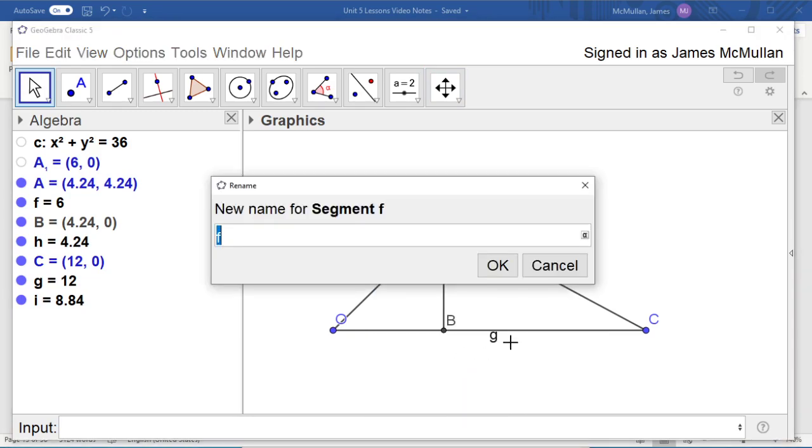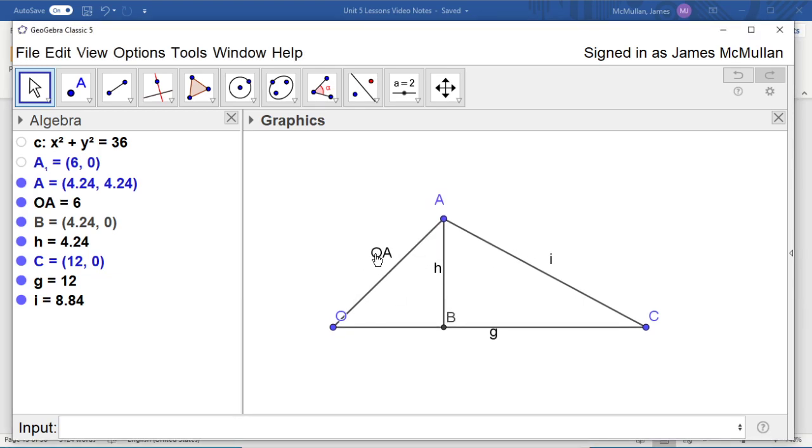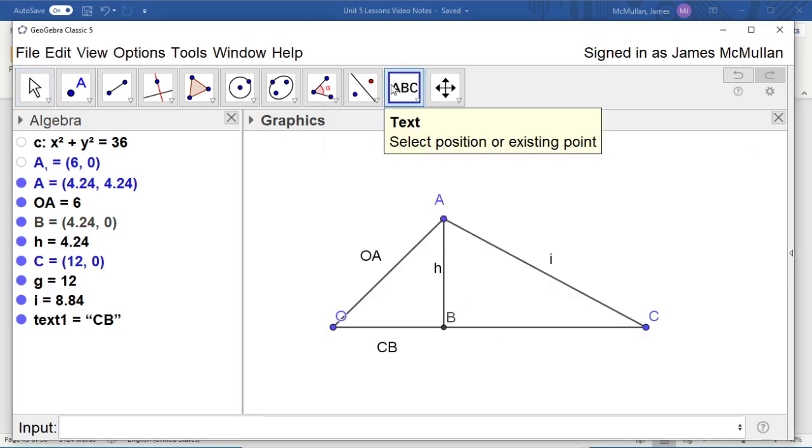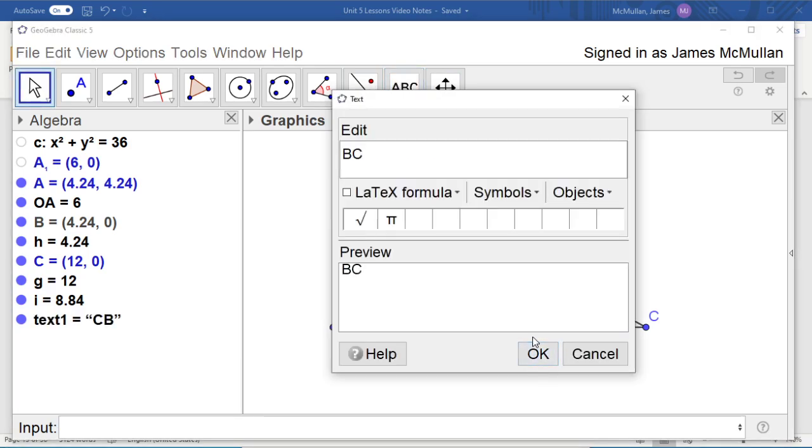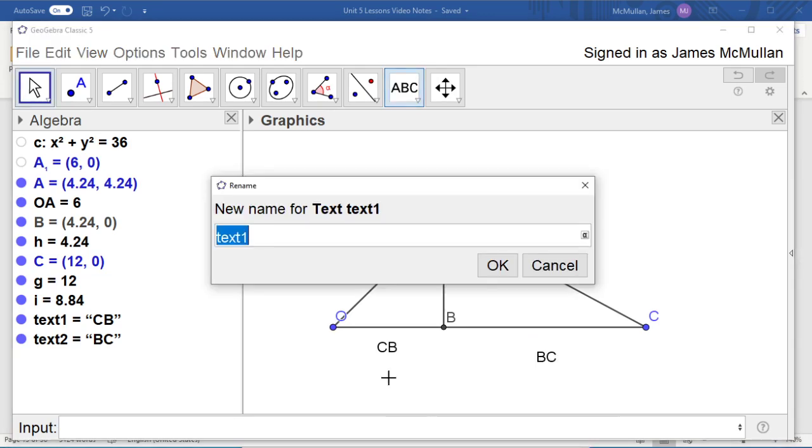So in a complex triangle, it's probably easier to rename all of the sides by the two things that they connect. So for example, I'm going to call this OA. Let's just hide the label for this. Okay, I'm going to call this bottom part OB.